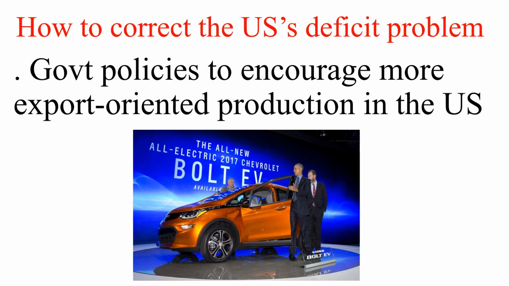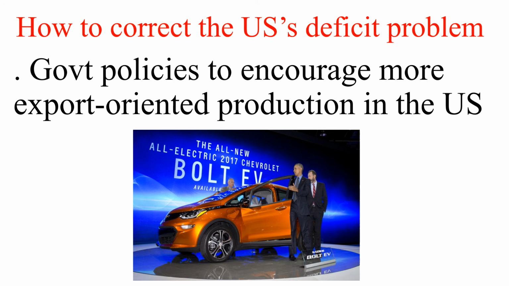And as a result, Chevrolet produced a model called Bolt, and it's a fully electric car that goes about 235 miles on a single charge, and it sells for a very affordable $35,000 range, which is significantly less than some of its competitors out there. So it is a car that has a very bright future in the U.S.